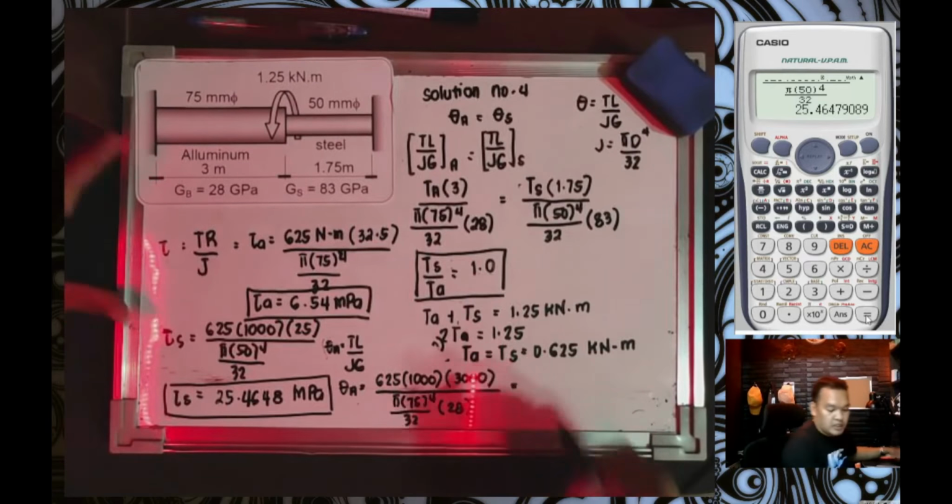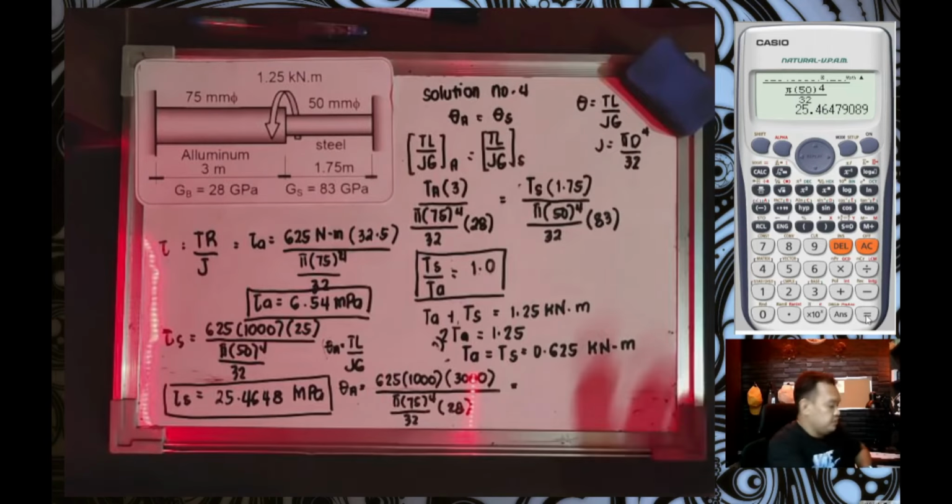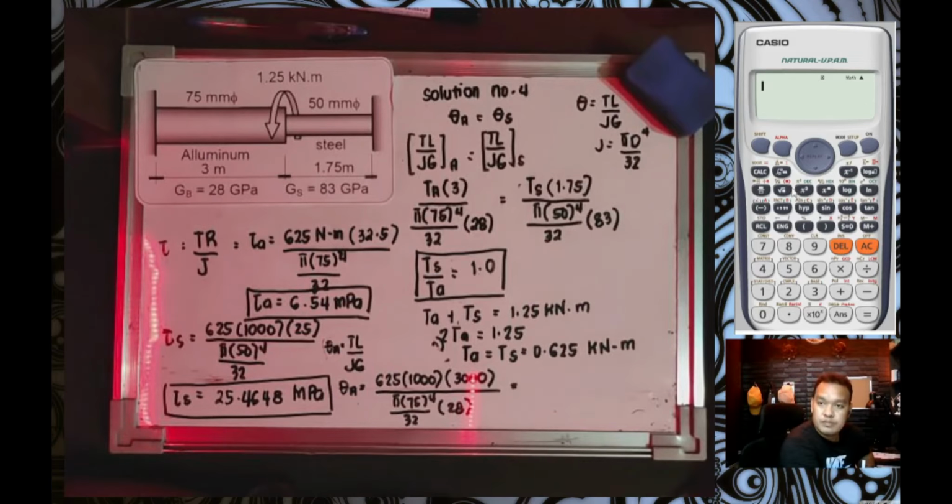So, lagyan nyo lang natin dyan 625 times 1,000 times 1,000 times 3,000 divided by pi times 75 to the fourth over 32 multiplied by 28.